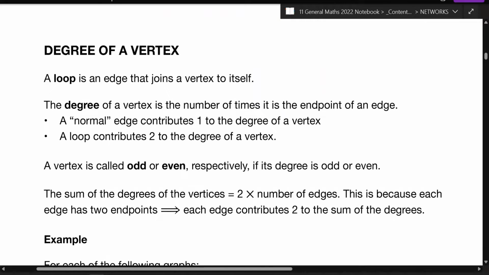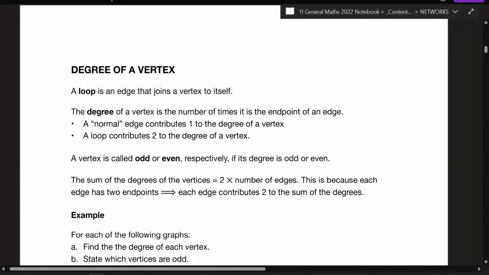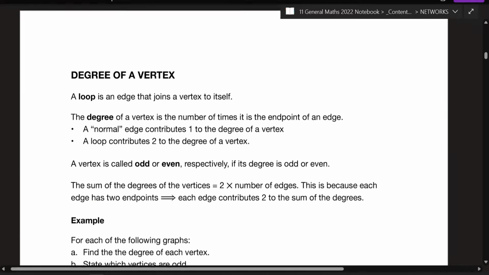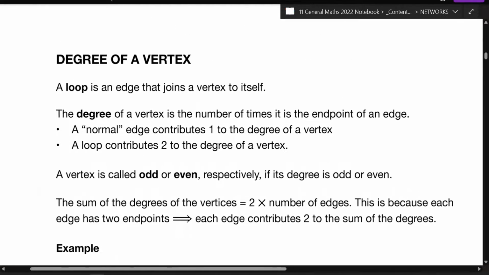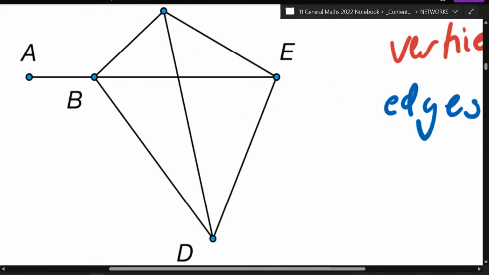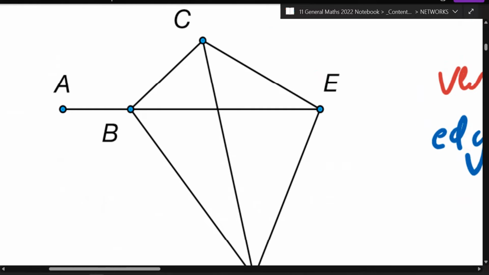Now, the degree of a vertex. When we talk about a degree, looking at a vertex, all I'm referring to is how many edges are connected to that vertex.